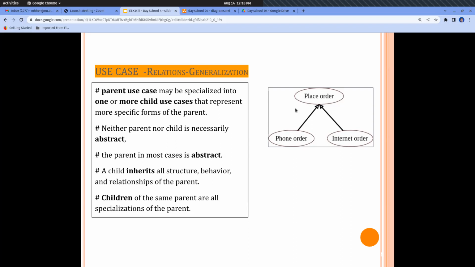In place order we include only what is common to both phone order and internet order. All the specialized things in phone order and internet order are included in them. Children of the same parent are all specializations of the parent.